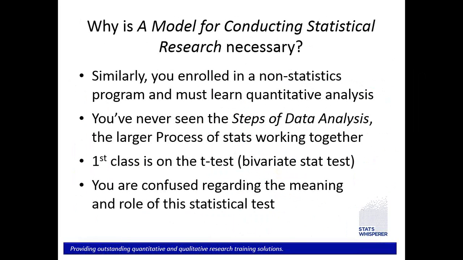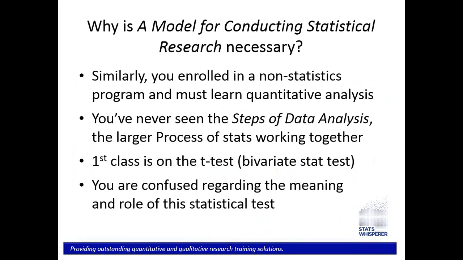That's the same thing with learning quantitative data analysis. If you enroll in a non-statistics program, you might have a requirement to learn quantitative data analysis. Say you've never seen the steps of data analysis, which is the larger process of the statistics working together. Now, your first class may be on the t-test, which is a bivariate test. Remember that one-on-one relationship.